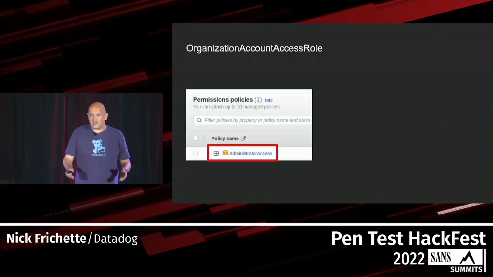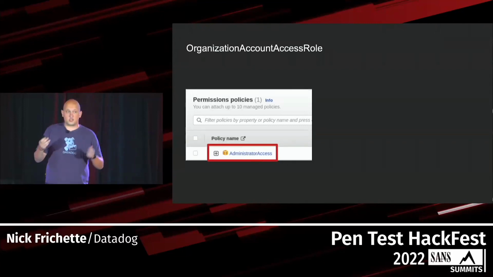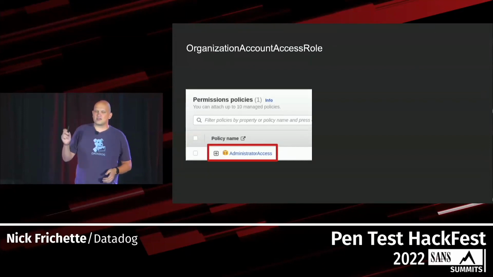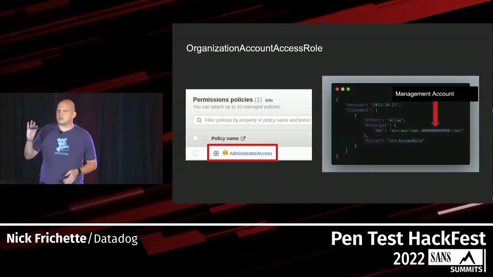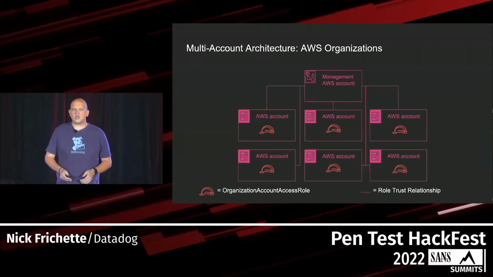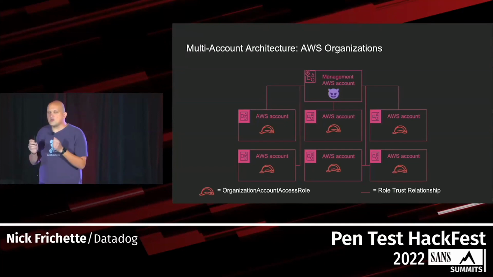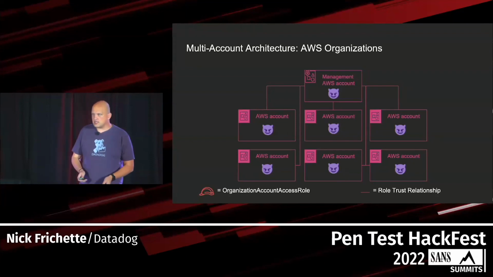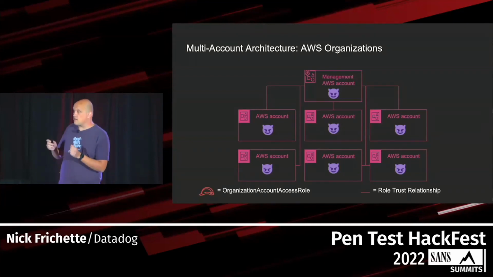And by default, the role trust policy, which is a form of resource-based policy, is just set to the management account. And so what this means is that if you can compromise that management account and through some means get access to assume role privileges, you now have a direct path by default to compromise every account in that organization as an administrator.